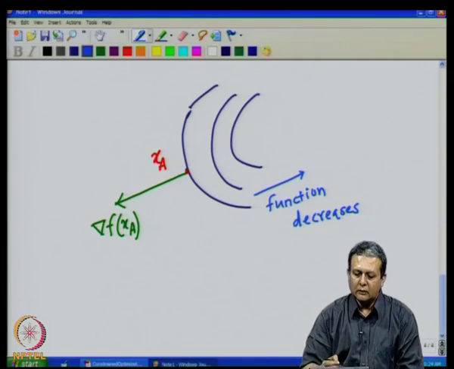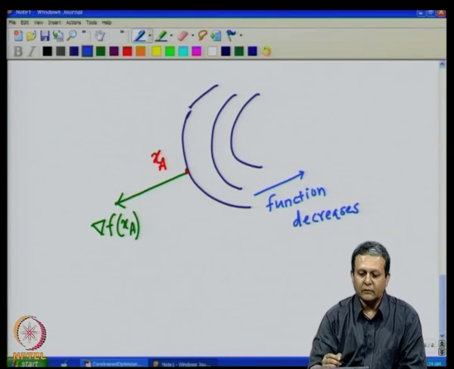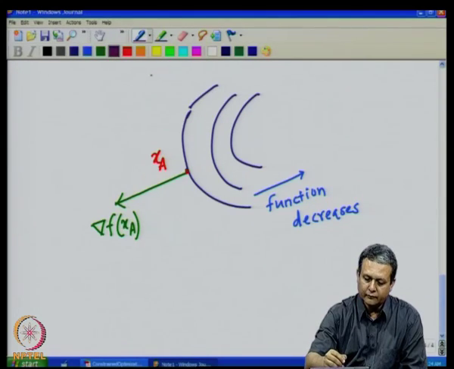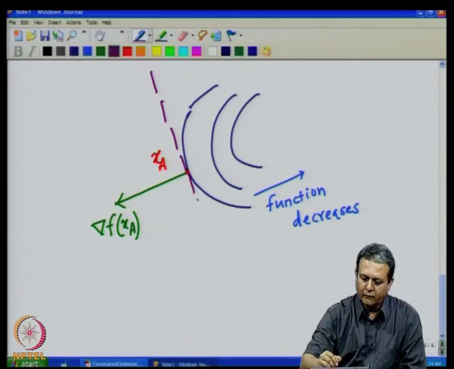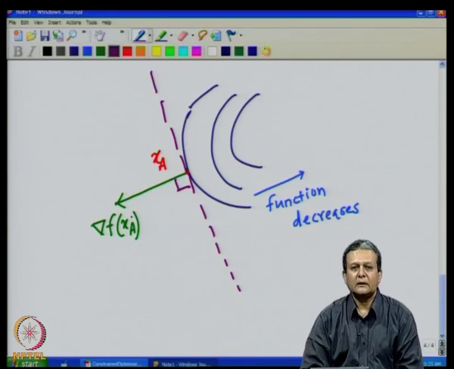We also saw earlier that if we take a tangent plane, this is orthogonal to the gradient direction.